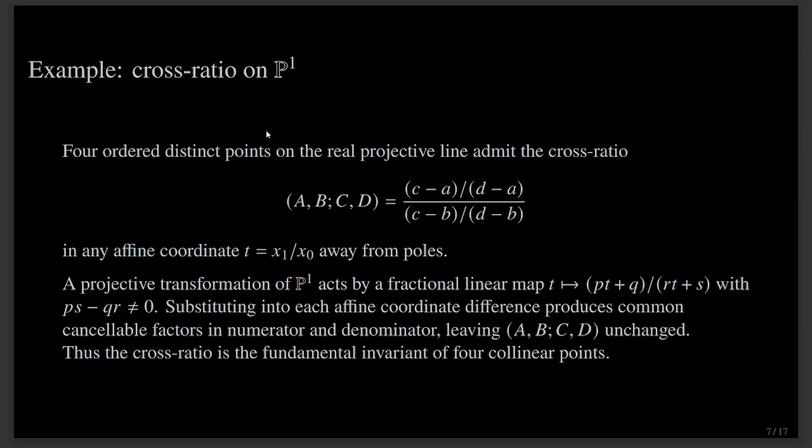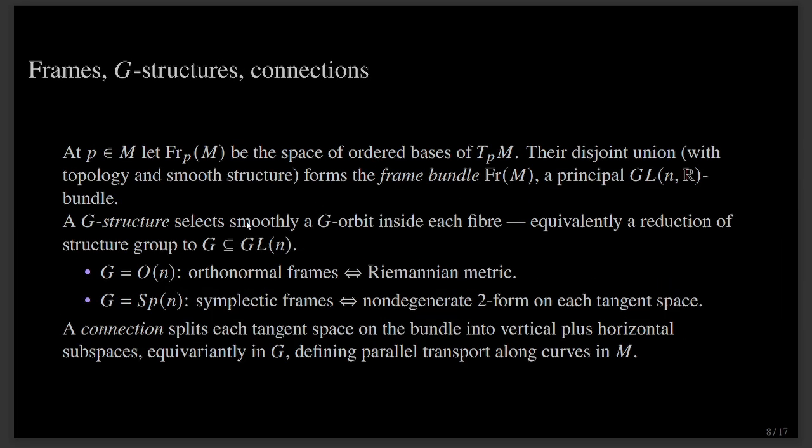And these projective transformations will act like these fractional linear, or in other words, Mobius maps, where we have t mapping to (pt plus q) over (rt plus s). And substituting shows that the cross ratio is unchanged, and it will be the fundamental invariant of 4 collinear points under the projective group. Okay?